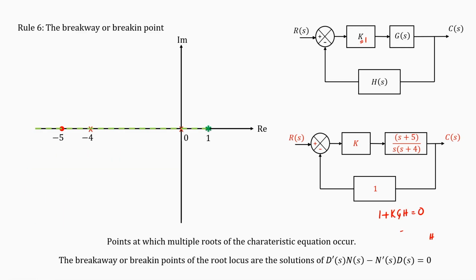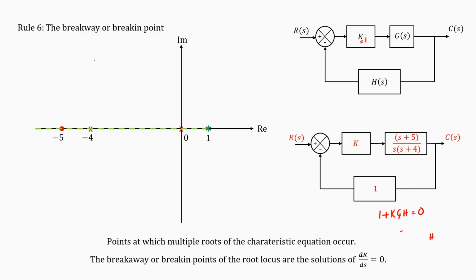So, let us see what that means. Let me just write down. 1 plus K G H equal to 0 means K equal to minus 1 by G H, and if I say that G into H is nothing but numerator by denominator, then K is minus D(s) by N(s).